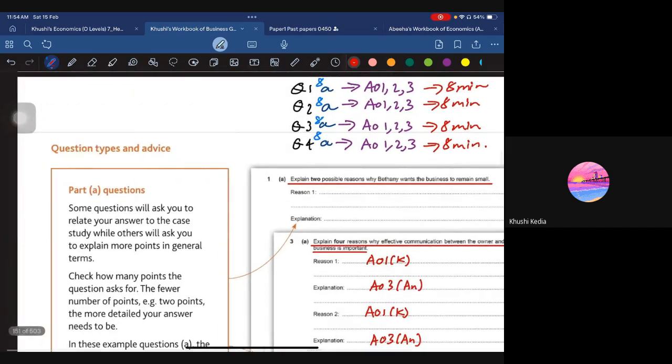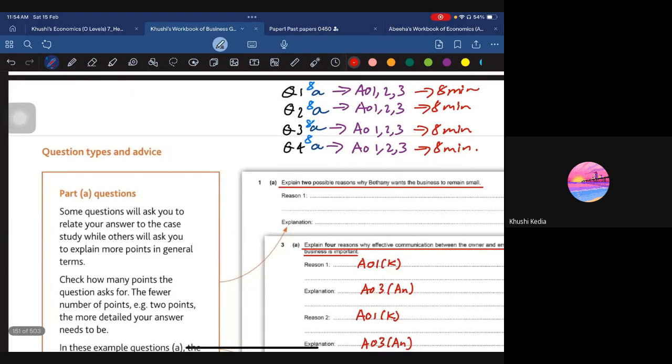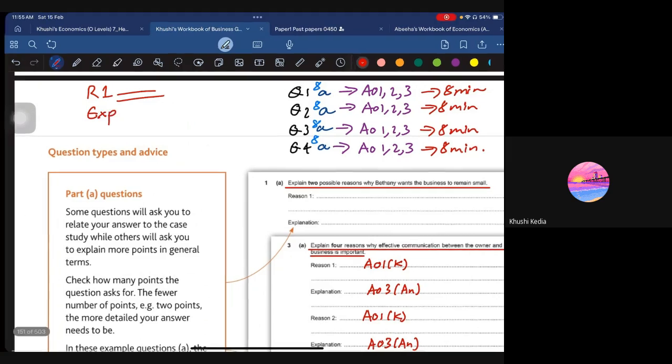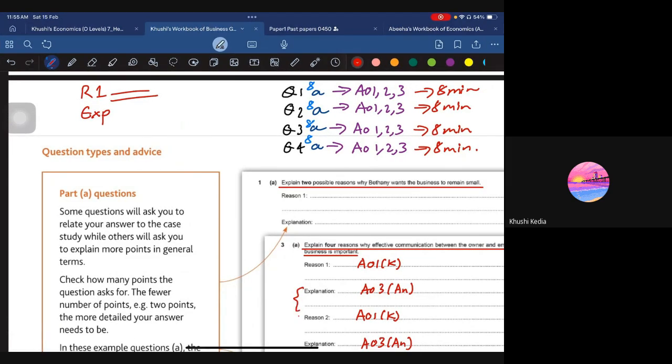So you require an application in this answer. And if you look at the length of this, it will be like reason one, and then the explanation lines will be longer. Then they will give you another reason, and then there's going to be another explanation of a good length.